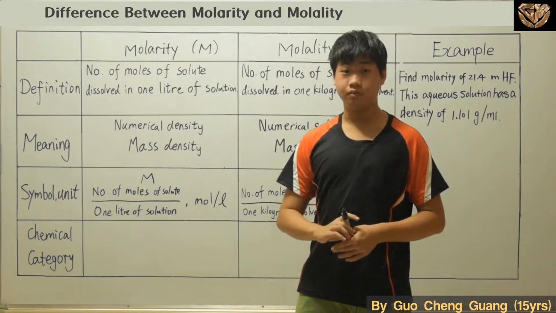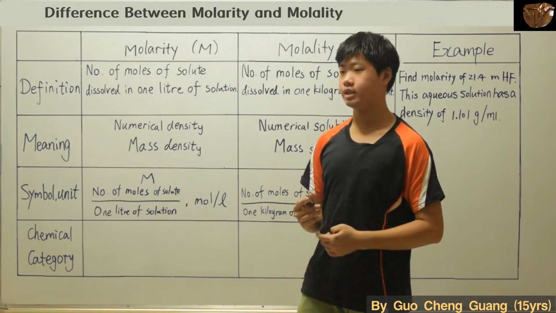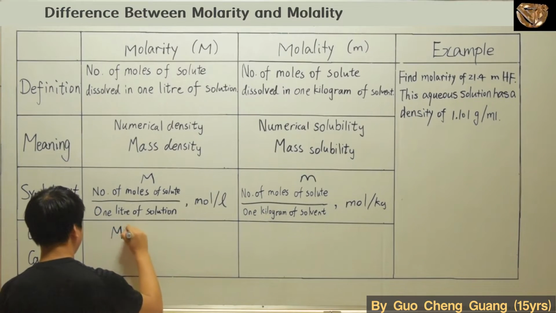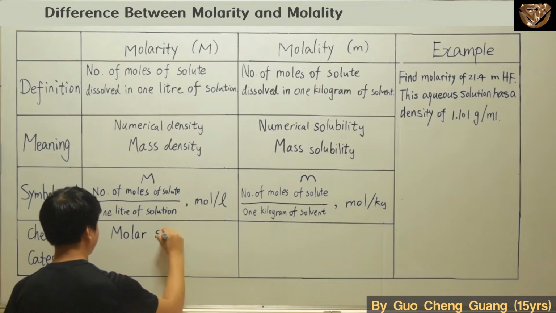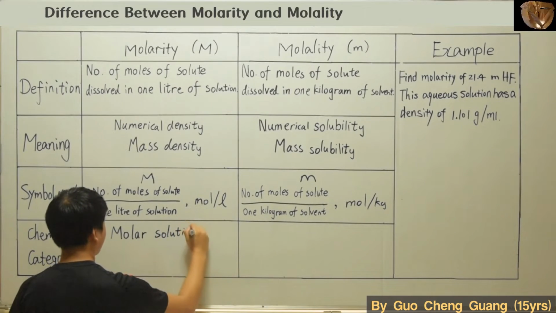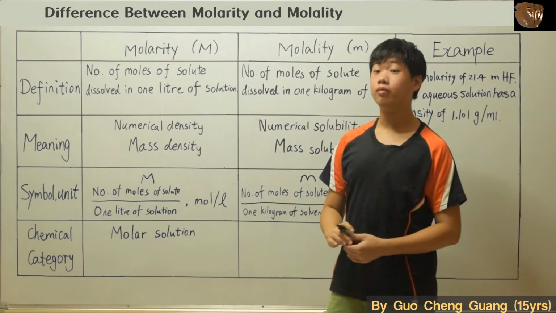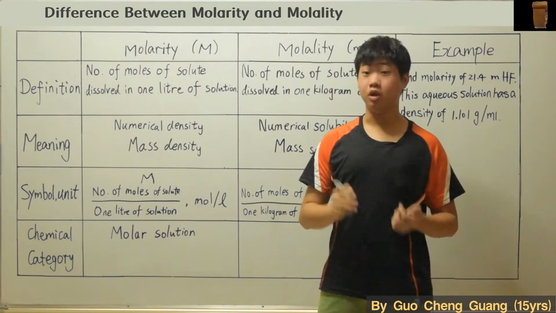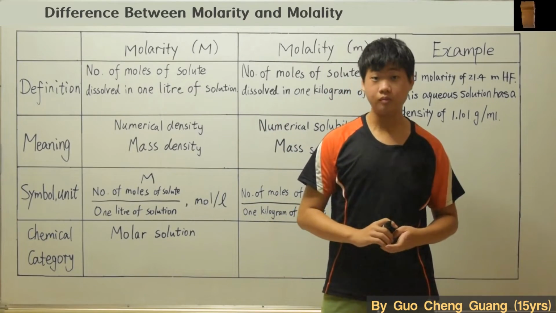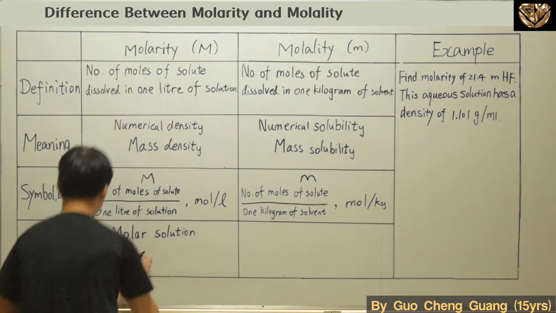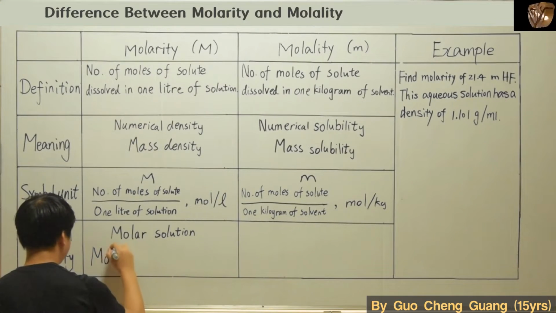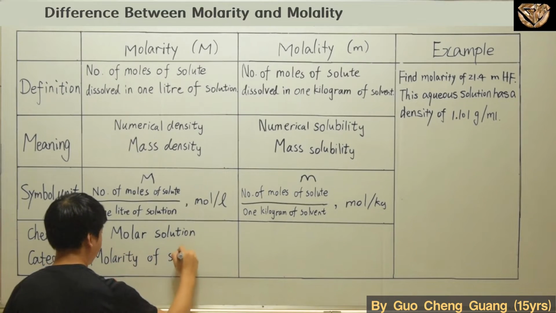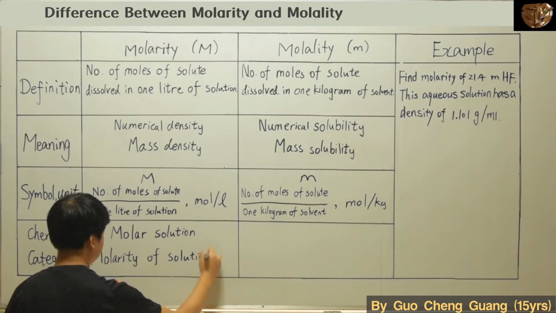Now, for molarity, what do you say for a solution? You would say a molar solution, which then has the molarity of whatever you have within the solution. Or you can also say the molarity of the solution. Alright?